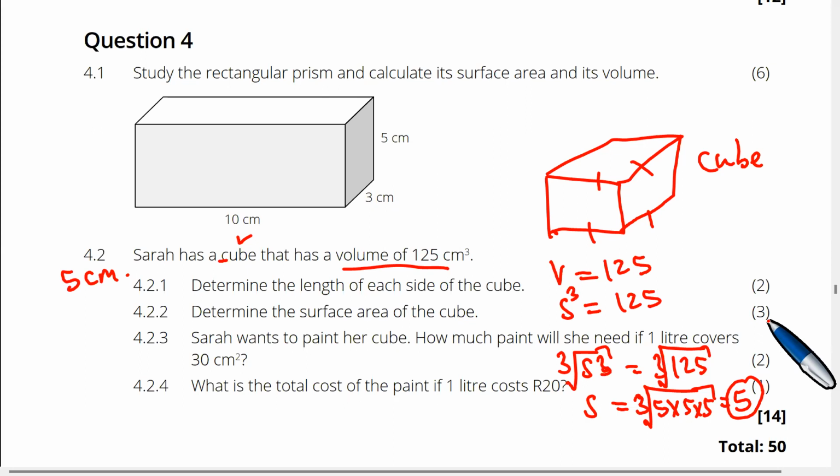What is the surface area of the cube? So I'm calculating.